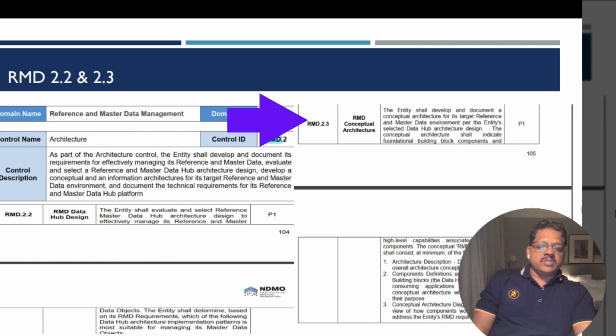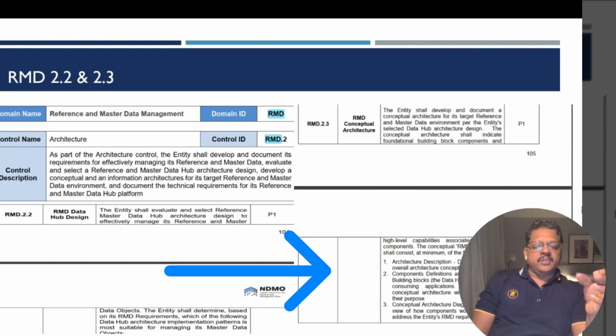The conceptual RMD architecture shall consist at minimum of the following: the architecture description, that is the description of the overall architecture concept; then the component definition and description, building blocks like data hub, data sources, consuming applications, etc. of the RMD conceptual architecture with a description of their purpose; and the conceptual architecture diagram, a high level view of how components work together to address the entity's RMD requirements. So these are the two specifications that we can see today.